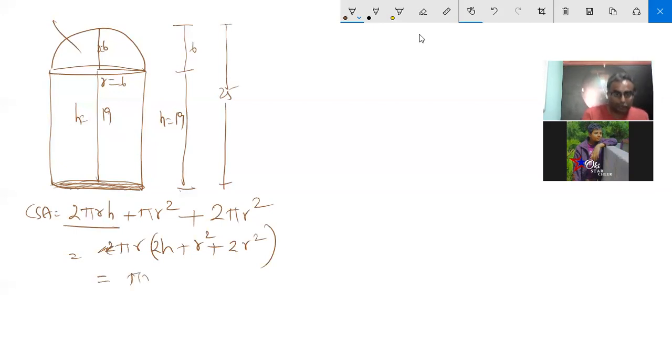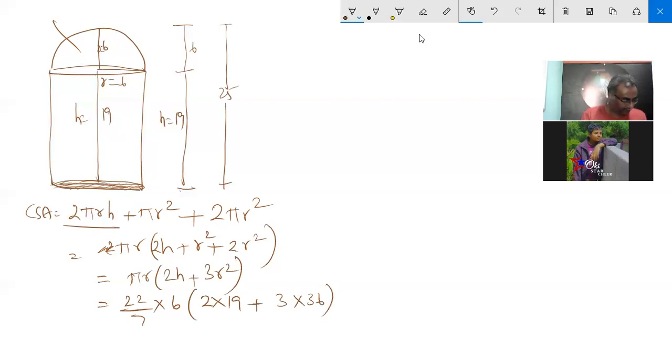Pi r into 2h plus 3r. Okay. Now that is what you have to find out. That is equal to 22 by 7 into r, which is 6, into 2 into 19 plus 3 into r. R squared is 36.